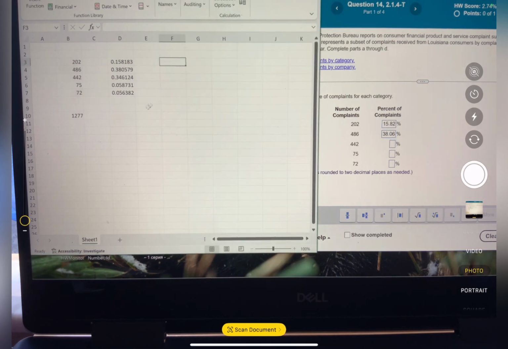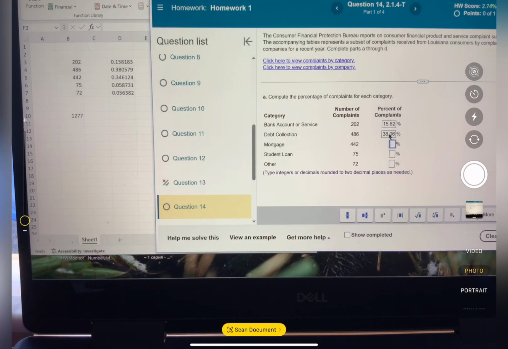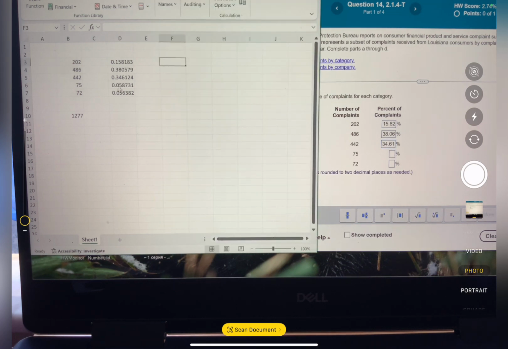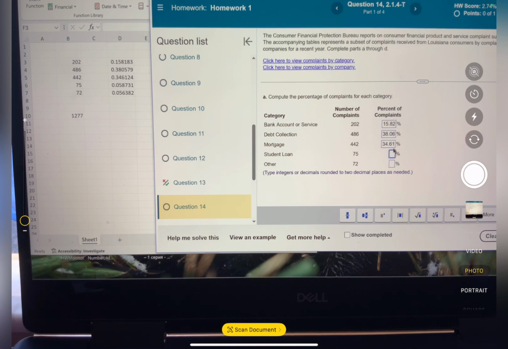Next is 34.61. Then 5.87. Which category is that? So little. Student loan.